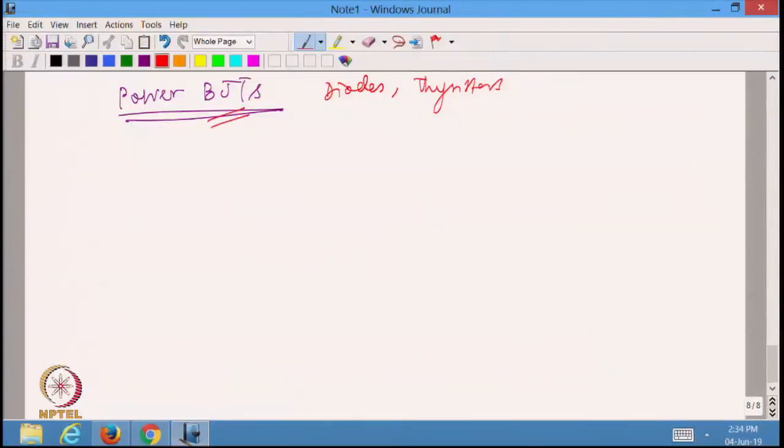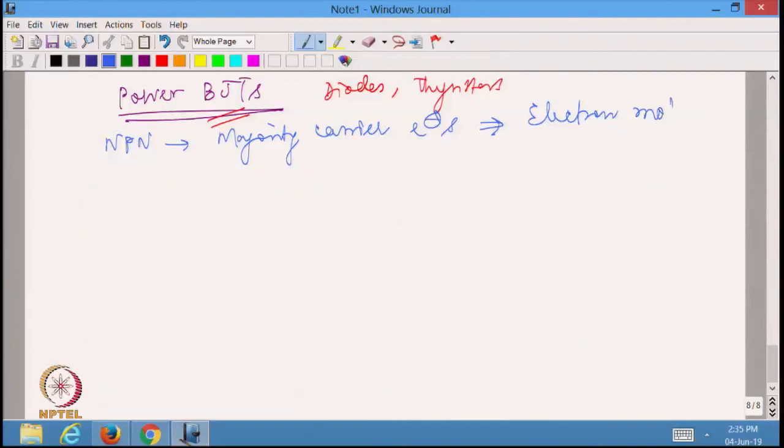This is exactly similar to the electronic transistor, but most of the time we use only NPN, not PNP, because in this case the majority carriers are electrons, and electron mobility is generally better than hole mobility, and we are looking at very large current.